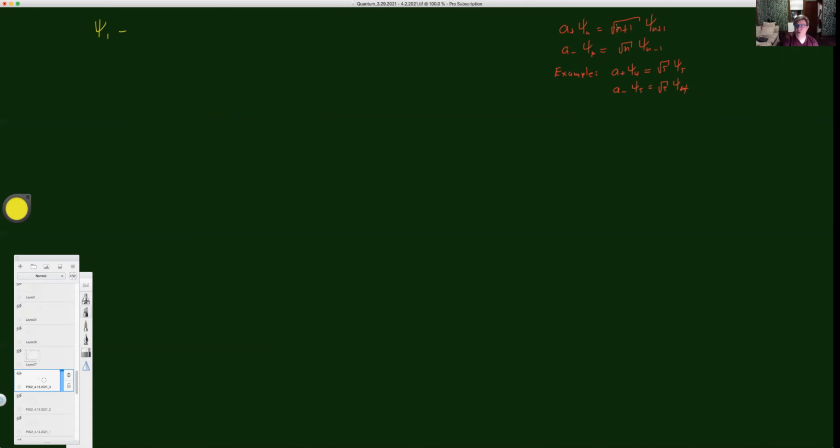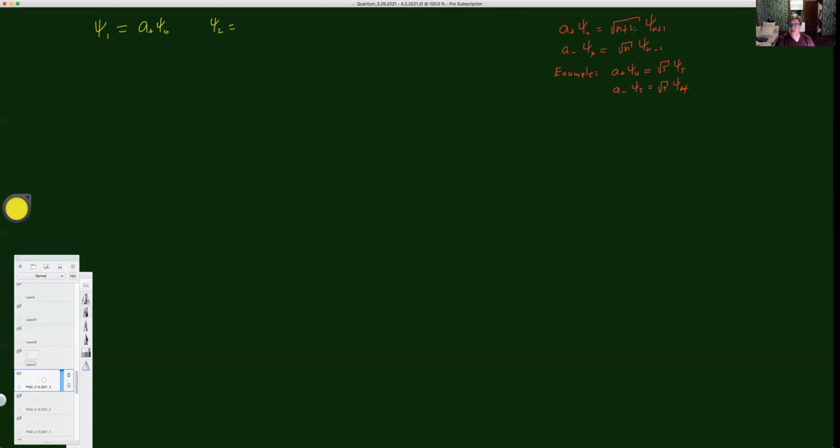We get 1, square root of 1, and we get A plus psi 0. So that's what I'm doing here. So psi 1 is equal to A plus psi naught. And psi 2 is equal to, let's see. If n was 1, this would be psi 2.